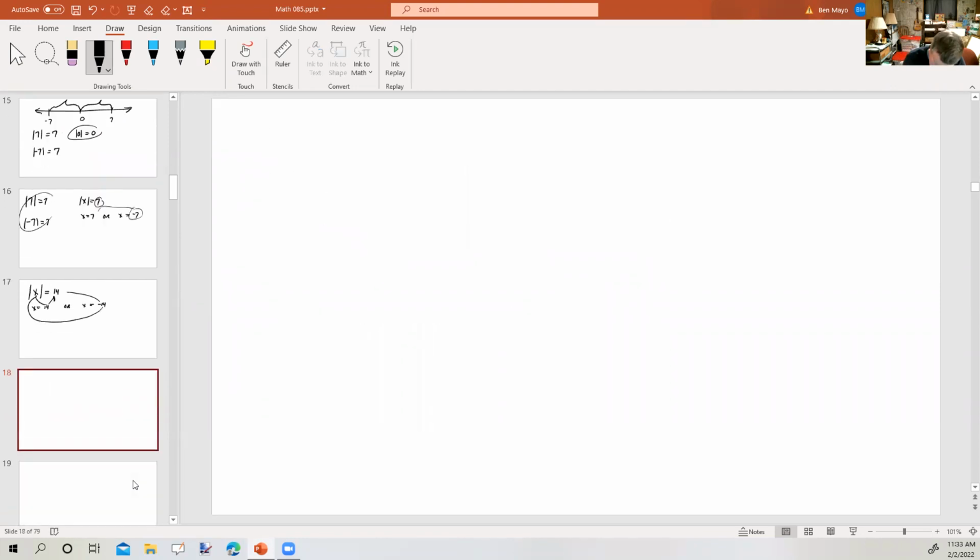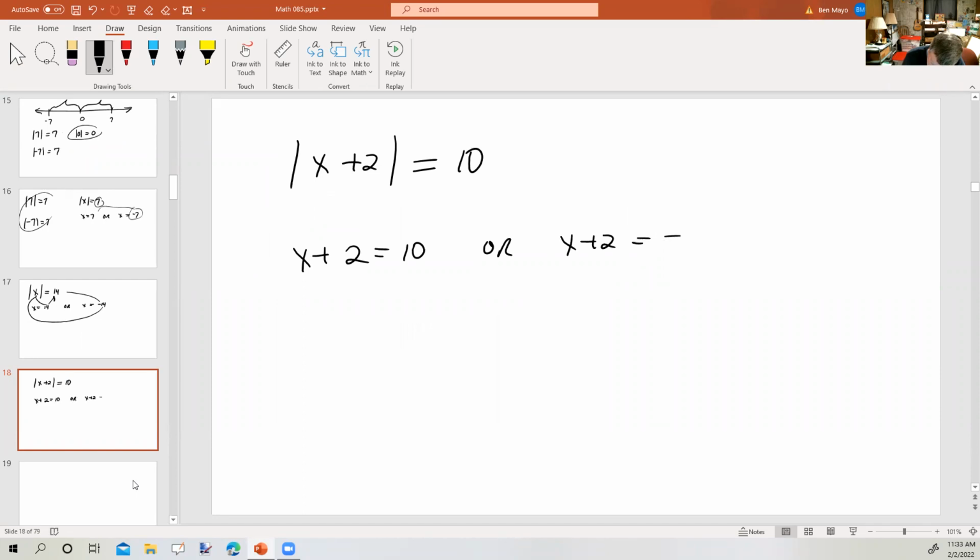All right. What if we had the following? The absolute value of x plus 2 is 10. Well, that would mean that what's inside would either equal 10, or what's inside would equal the opposite of 10, or -10. You still with me?